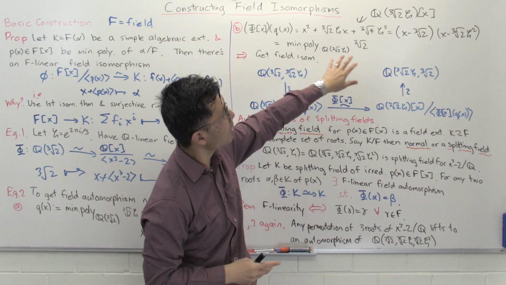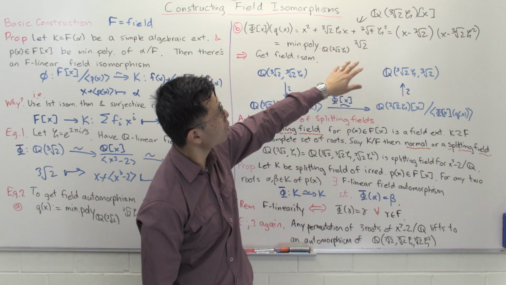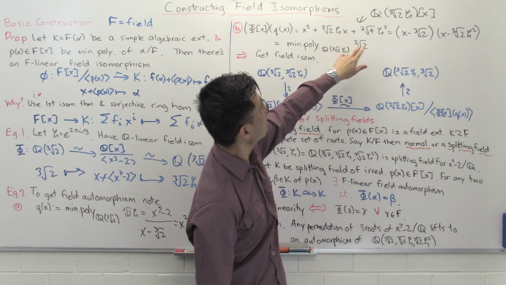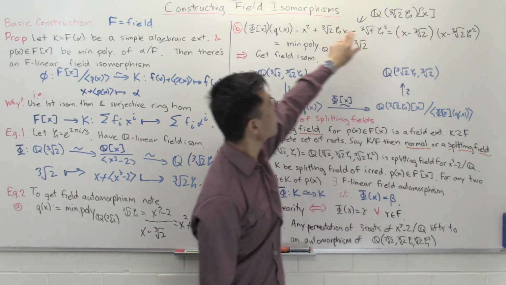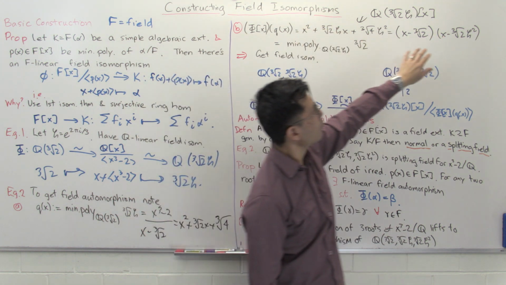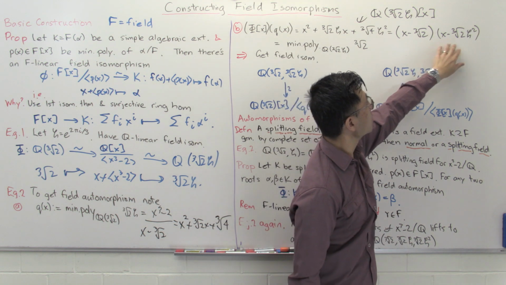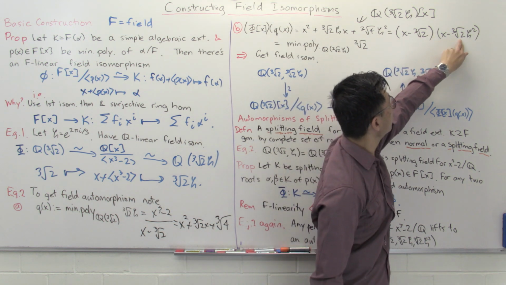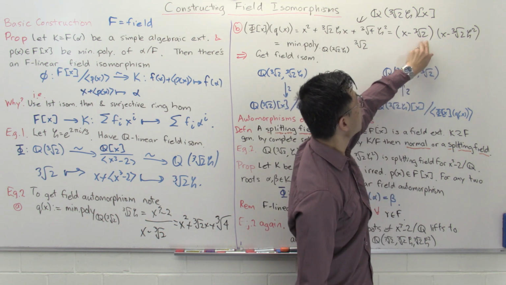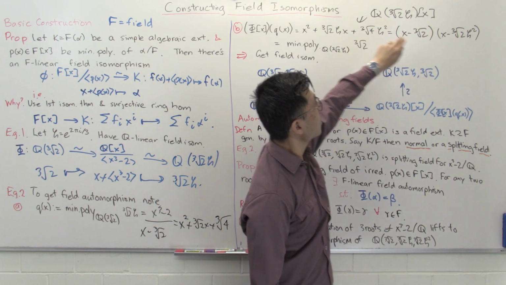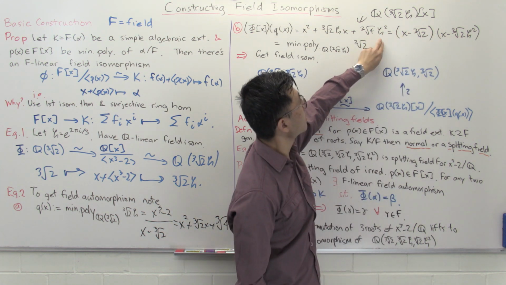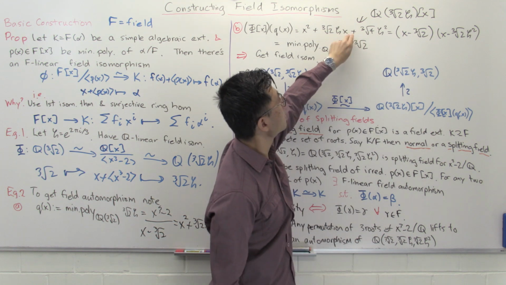Okay, so let's just quickly check to see that this looks correct. If you look at the x squared term, you get x times x is x squared. If you look at the constant term, it's cube root of 2 times cube root of 2 zeta squared. That's cube root of 4 times zeta squared, and the minus minus gives you a plus.